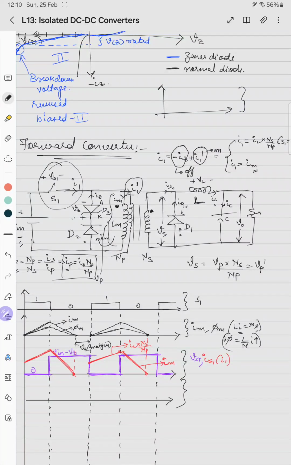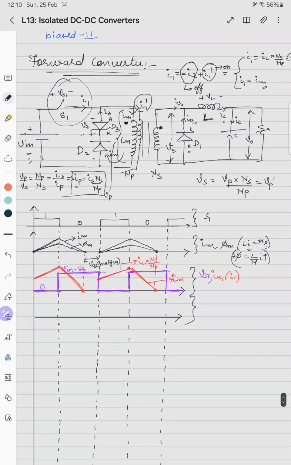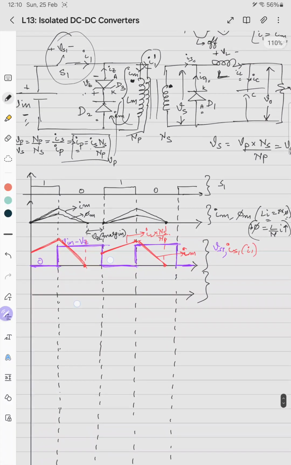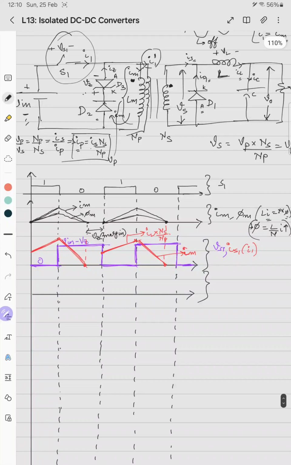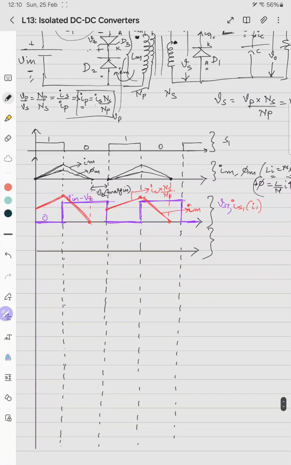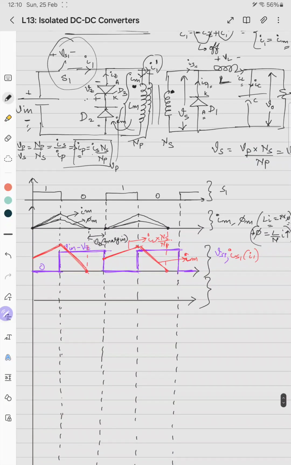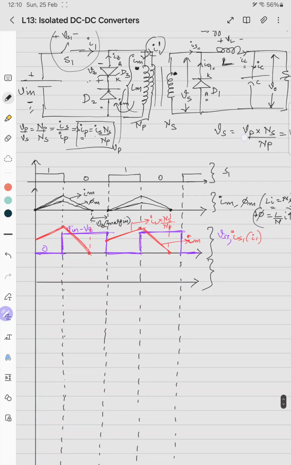There is no meaning in drawing a constant voltage, because we have to draw Vs1 as a function of Vz. Vz is itself an independent term. So the voltage across the switch is Vin minus Vz when it is off and it is 0 when it is on. Zener is done.